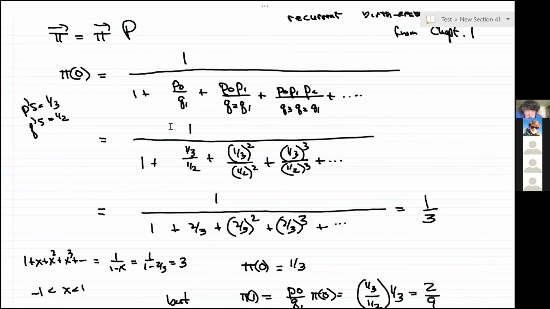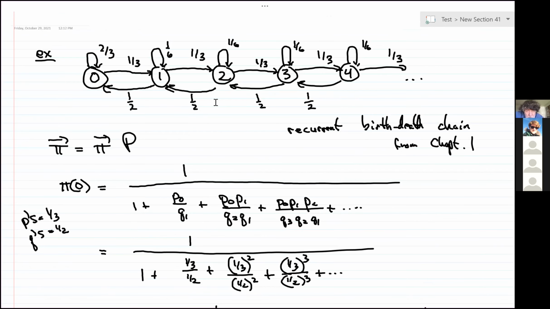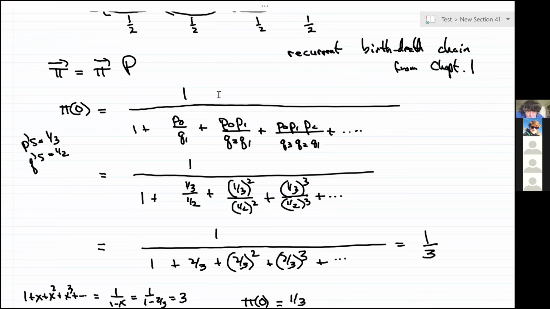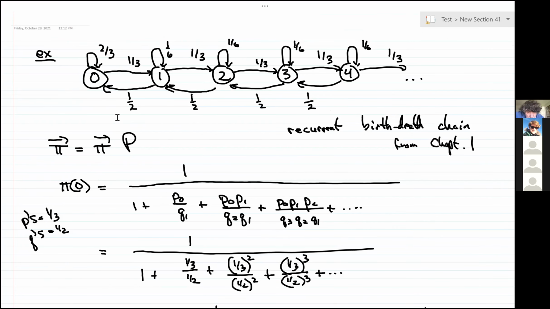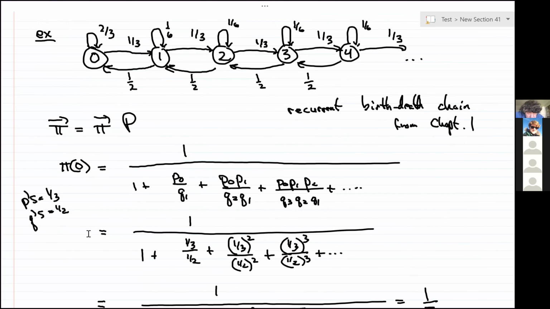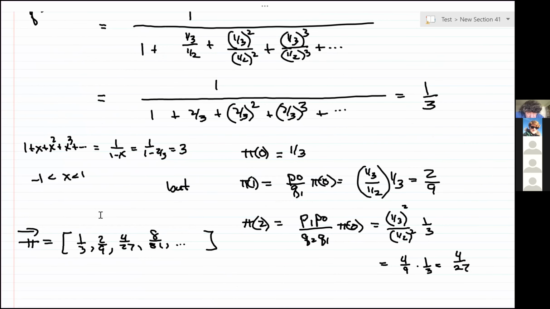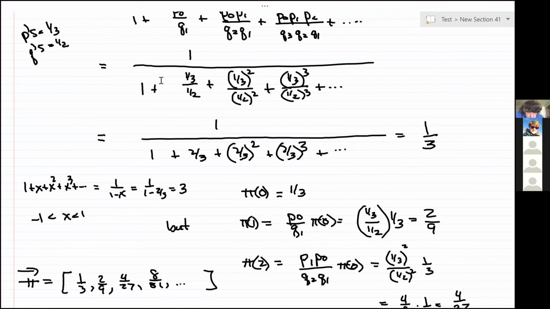That means if you come in after this system has been active for a long time and you don't know where it started, but it's been running for some time, so it's reached what's called the steady state, the probability that you'll observe it at state 0 is 1/3. The chance that it'll be at state 1 would be 2/9.